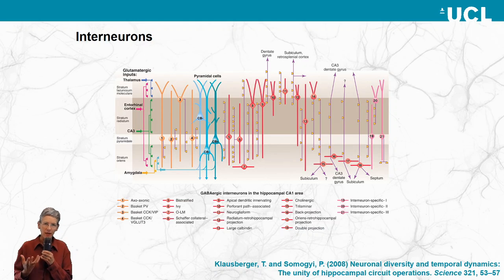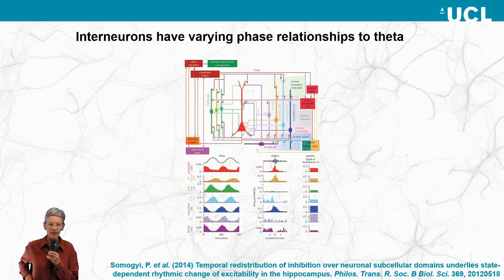But there are so many types of interneurons, and this is a summary that was put together by Klausberger and Somogyi a few years ago, and it shows us that there are many, many different types of interneurons, even just in the hippocampal region. They all have different shapes, and they have different extents of reach. And also it turns out that they have different temporal firing characteristics.